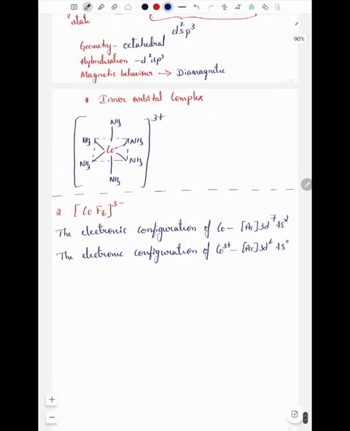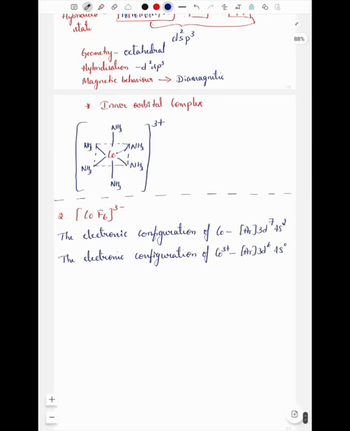Now coming to how we are going to represent this in hybridized form. First, let us write the ground state. In the ground state, as we did in the previous case, we have first 3d, then 4s, later 4p.